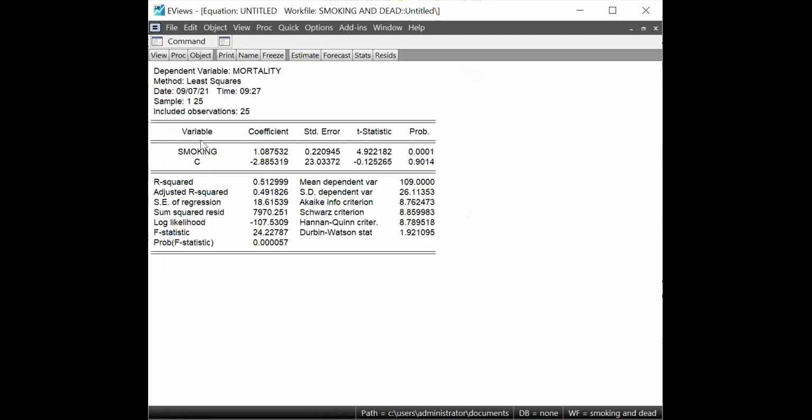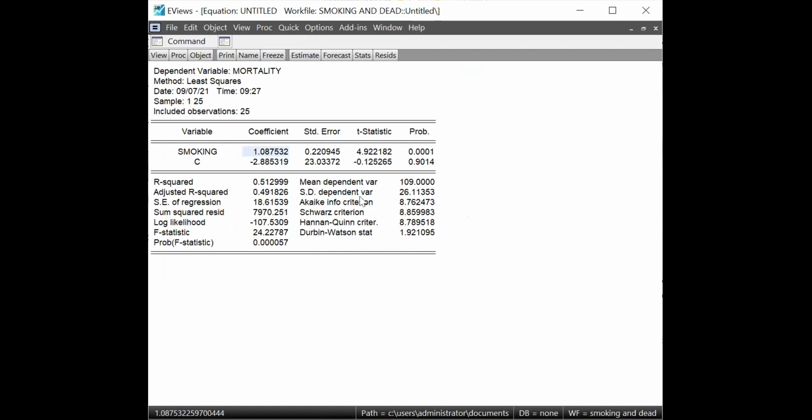Okay, we get here. This is C. C is the constant intercept of the equation, minus 2 point something. And we have the smoking value, 1.87532.